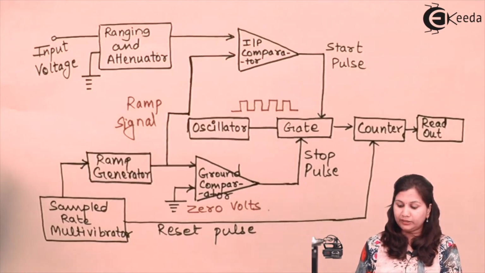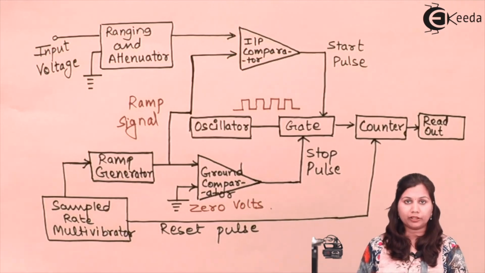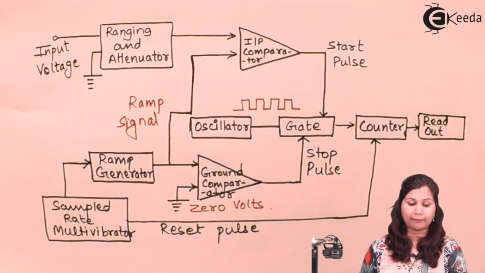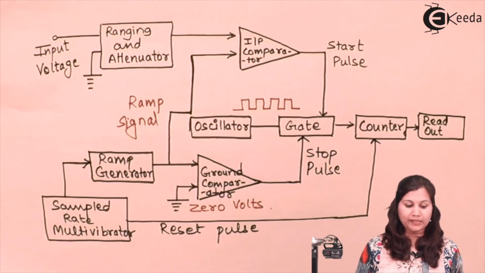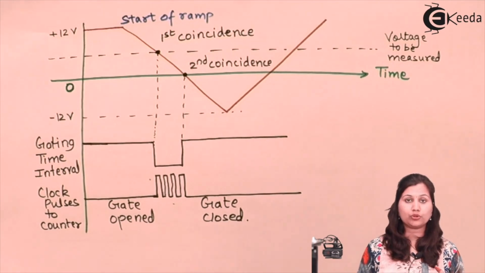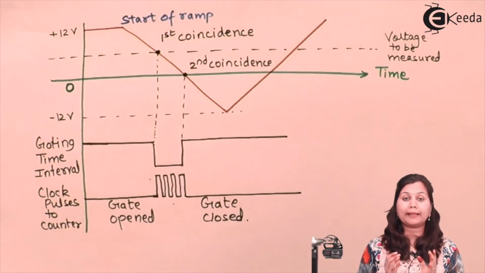So we have studied the functions and the working of the ramp type DVM by using this block diagram. In this video we studied how the ramp type digital voltmeter is used to measure the value of the unknown voltage by comparing it with the linear ramp signal.